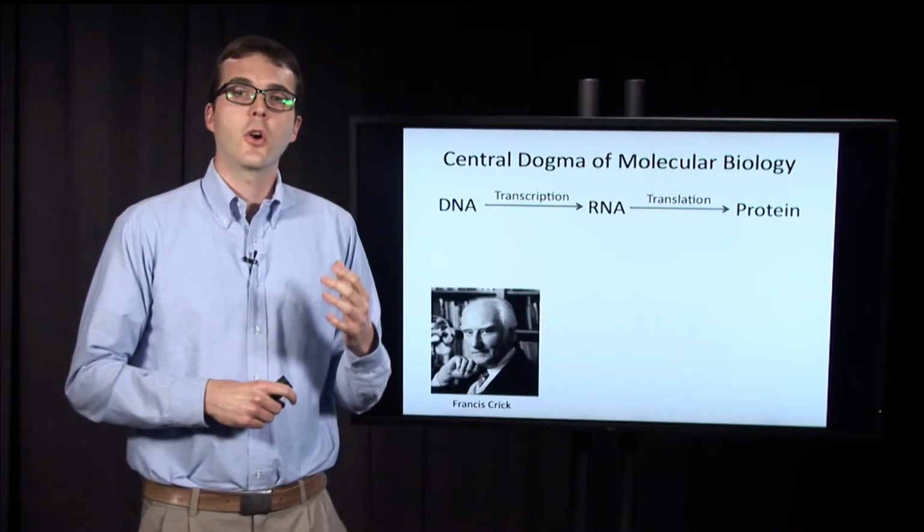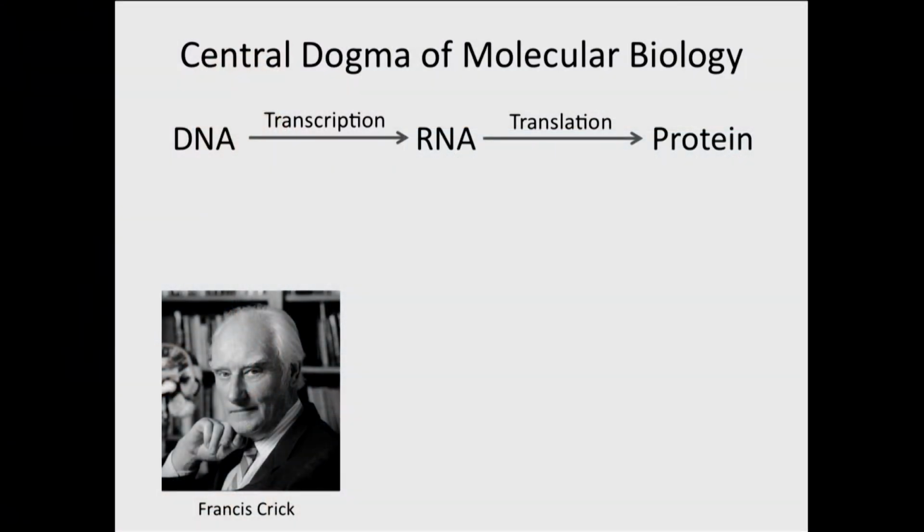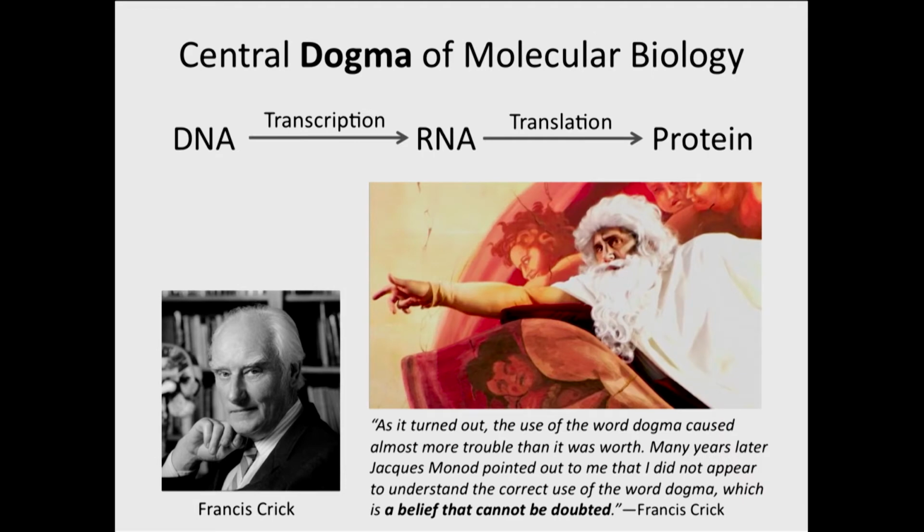And this was a term, the central dogma of molecular biology. This term was coined in 1958 by Francis Crick, of Watson and Crick fame. And I always thought dogma is kind of a strange word to use, because dogma in English means a belief that cannot be questioned or overturned in any circumstance, and it's usually used in a religious context. And that's usually not a word that you see in science.